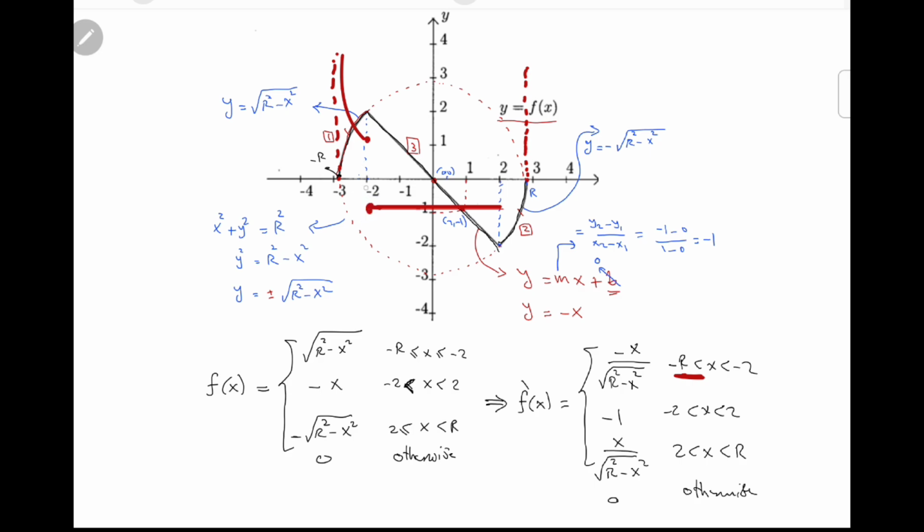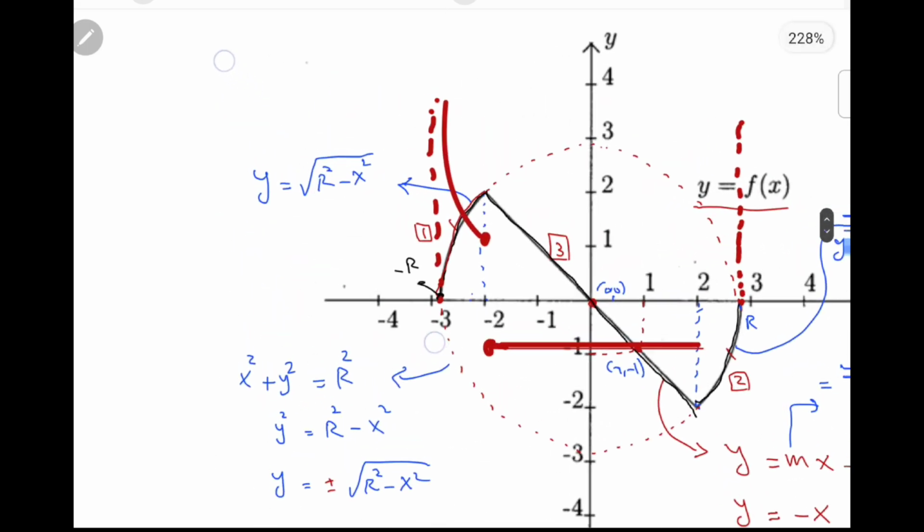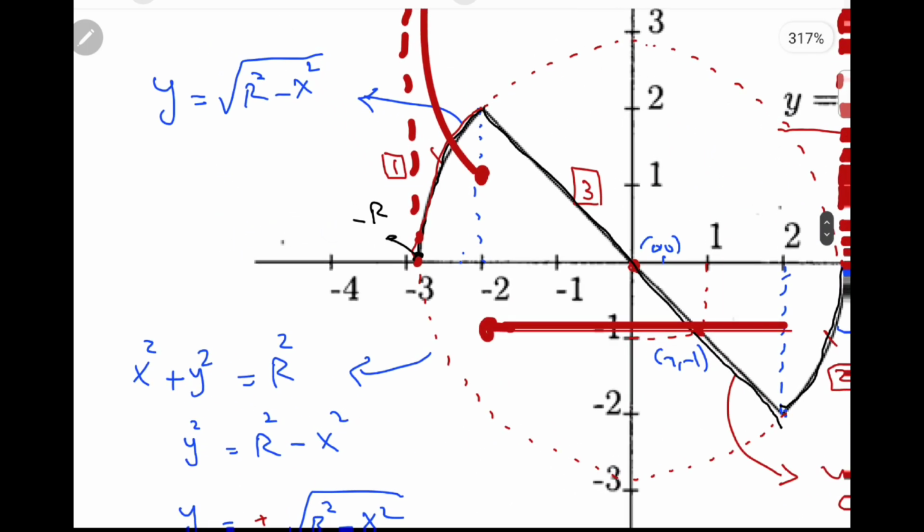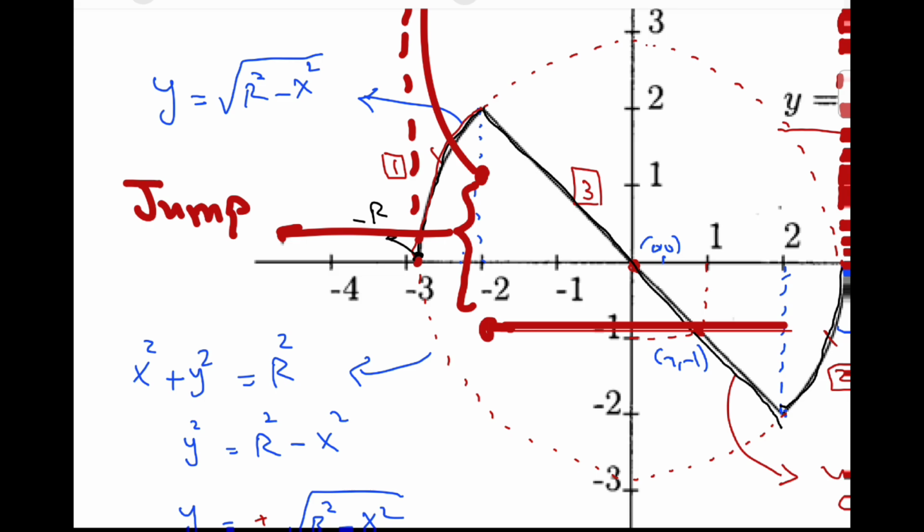This jump means that the derivative at this point is undefined, which is clear from the fact that we have an edge.